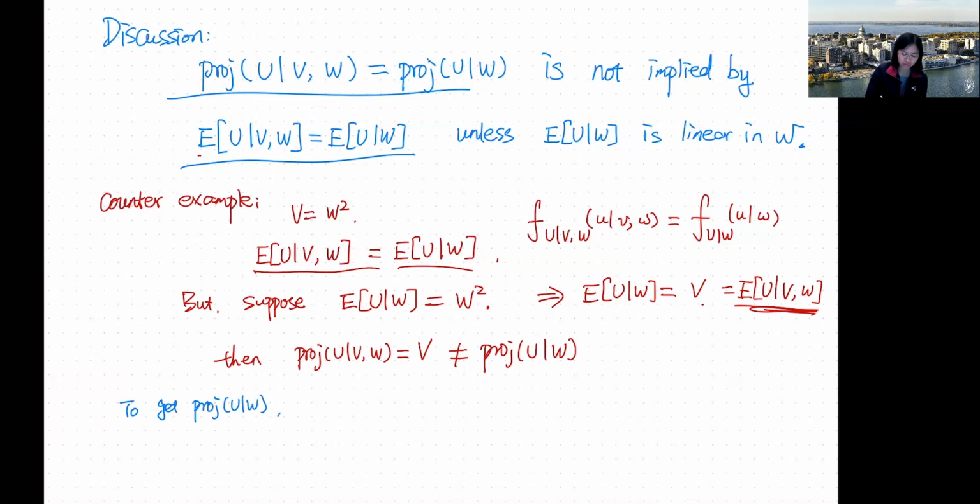To get the projection of U given W, you actually want to solve the minimization of, say, B0 plus B1 W minus the conditional expectation, W squared. So you want to solve this minimization.